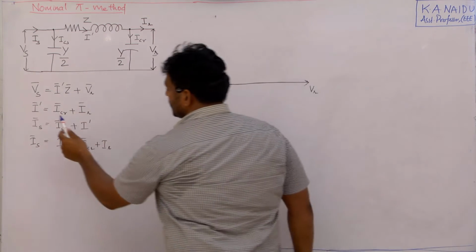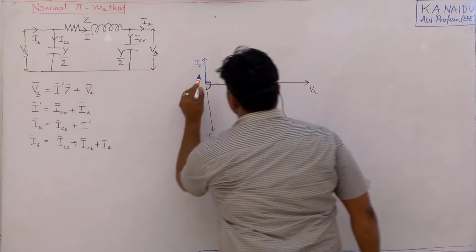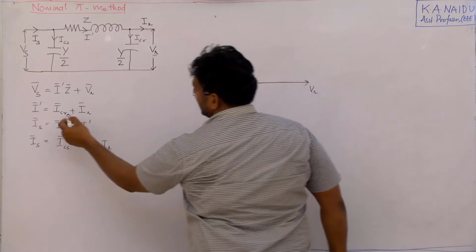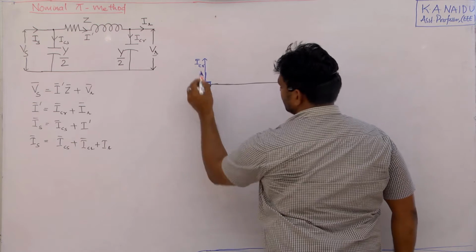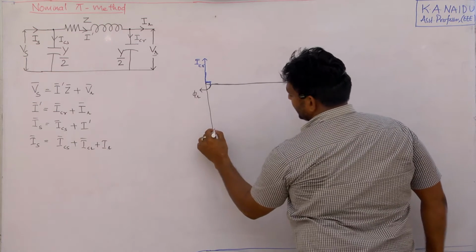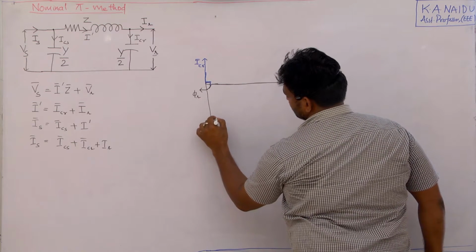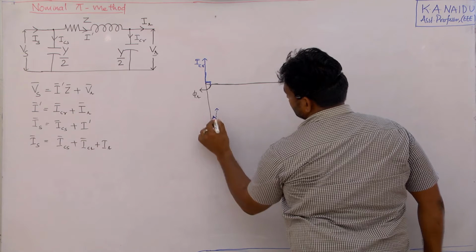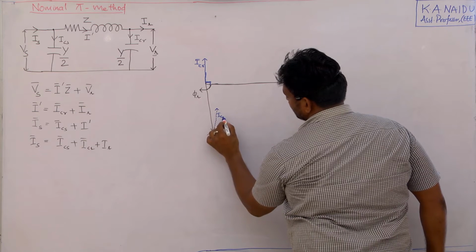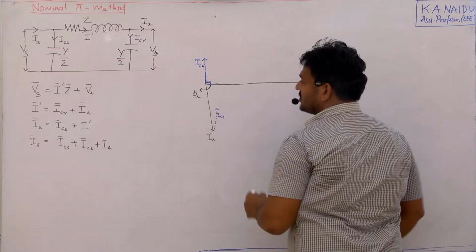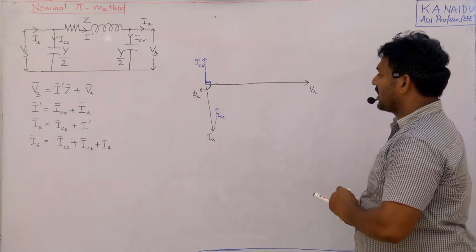So from this equation, what is ICR plus IR? So to this IR you add ICR. So this is ICR. What is IR plus ICR? The phasor sum is I dash.